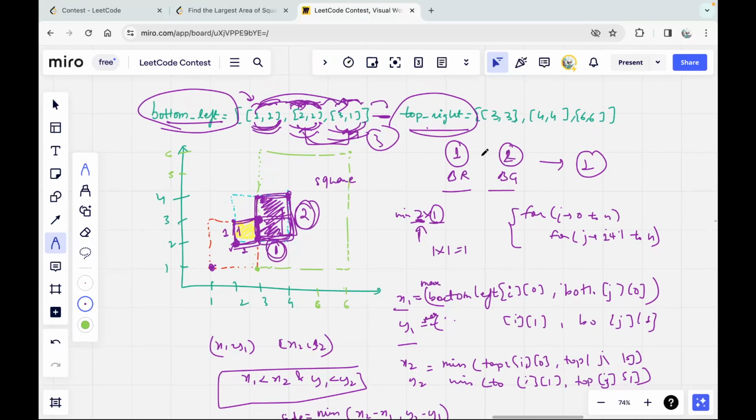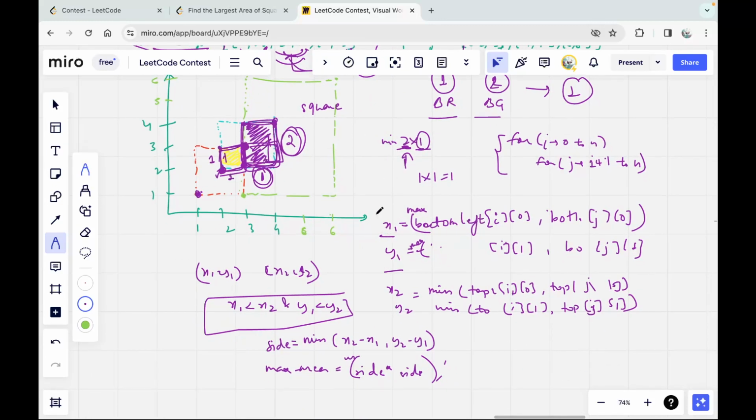What we are trying to do is iterate over all the rectangle combinations. We are considering all the pairs, and among all these pairs we are calculating the common intersection, right? The common intersection among both the rectangles, and we are calculating what? The bottom left and top right corners of that intersecting part, okay?